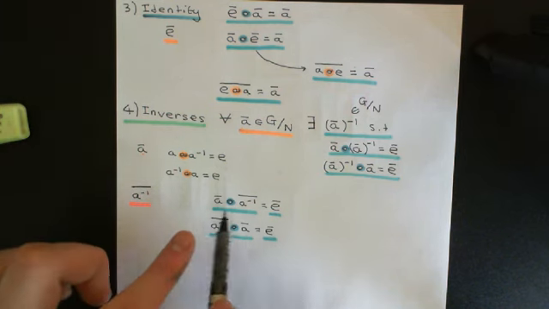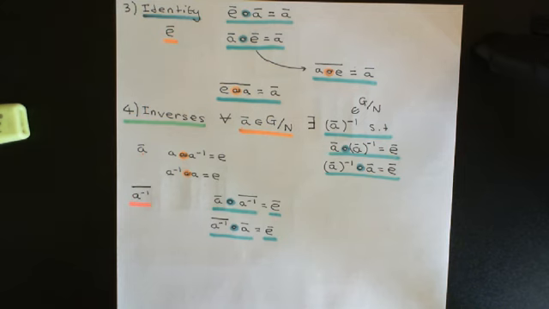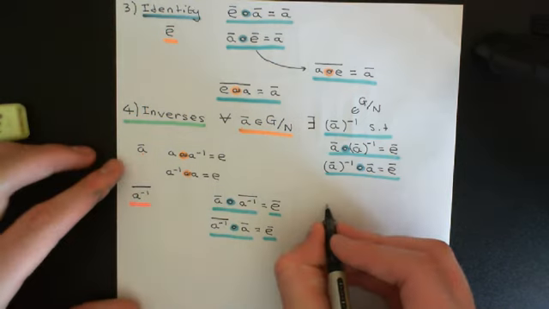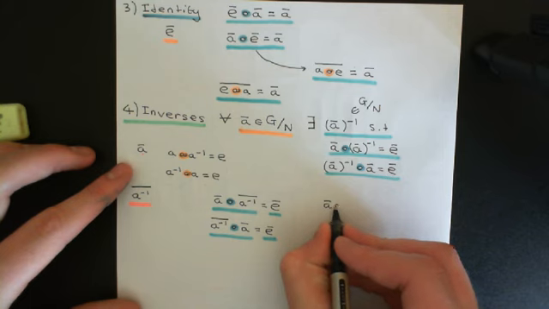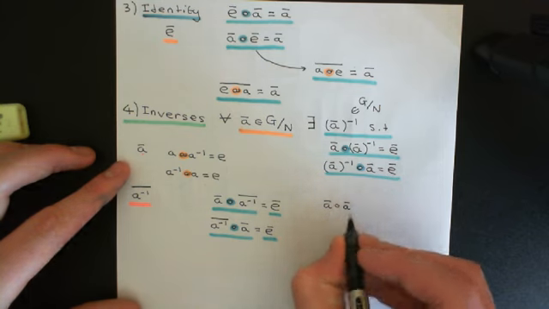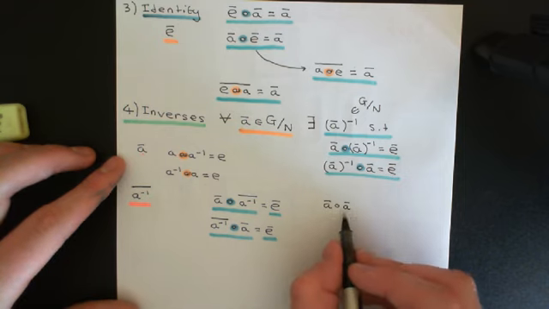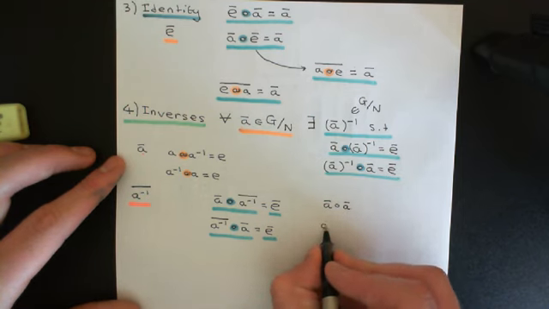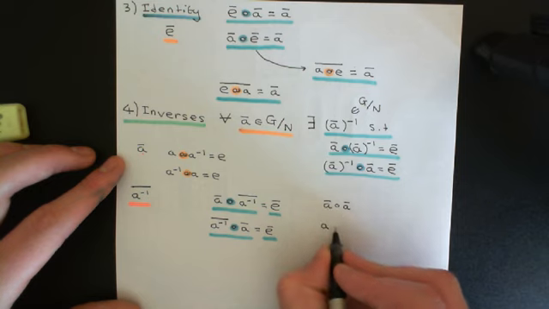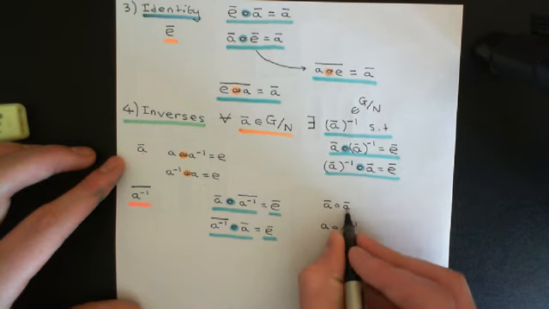So if A and A inverse were in the same coset, and we wanted to then compose A bar with itself, and I wanted to show that this is equal to the identity coset, then again, how would I do this? I'd pick a representative from A bar, but I don't have to pick the same representative twice. So I could pick the representative A for this one, and then pick the representative A inverse for this one.